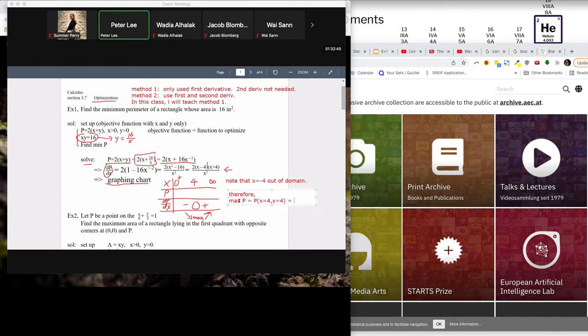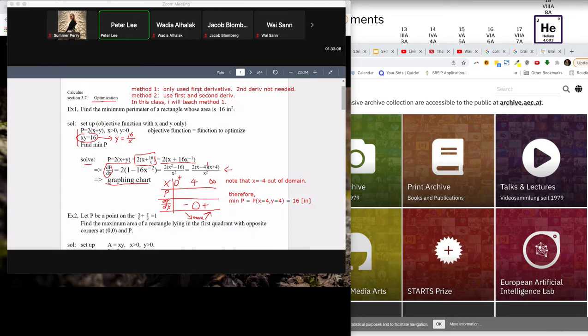Minimum, sorry, not maximum. It's the minimum perimeter. What am I thinking? And what is the minimum perimeter in this case? Minimum perimeter is going to be 2 times (4 plus 4), 2 times 8, which is actually 16. And then your unit is what? Is it inch? It is actually inch, not inch square, but 16 inches.